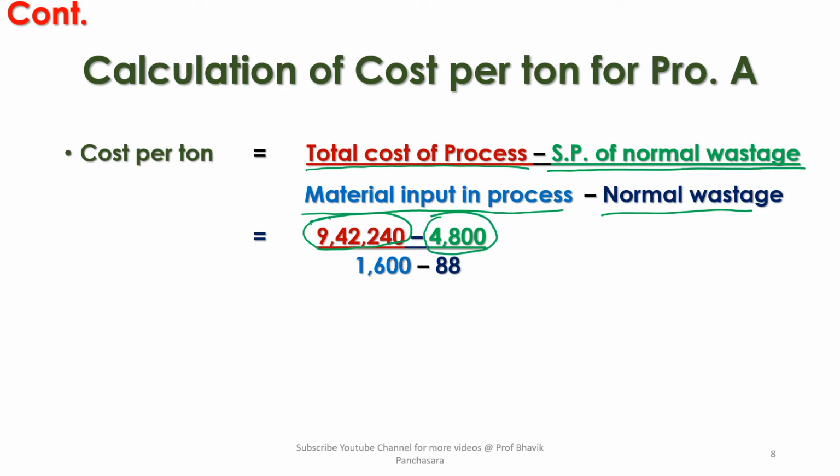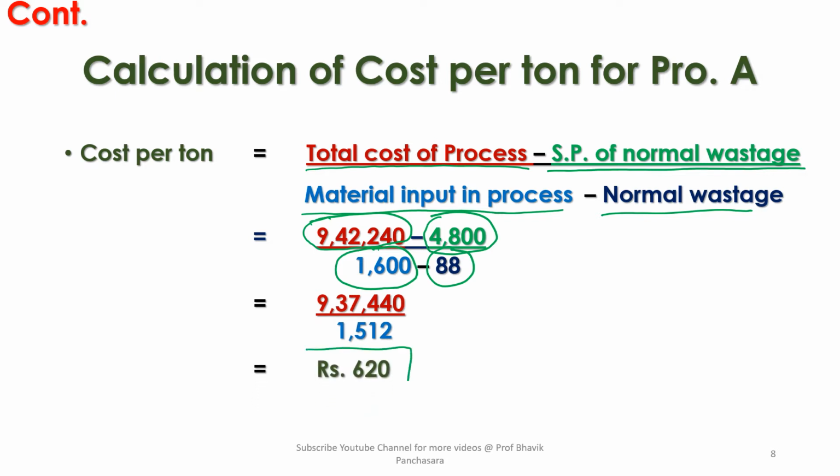From that we will deduct 4,800, that is the selling price of normal wastage, divided by material input, that is 1600 ton minus 88 as normal wastage. By simplifying this, the final answer we receive here is 620. So, we can say that for process A, cost per ton is 620.